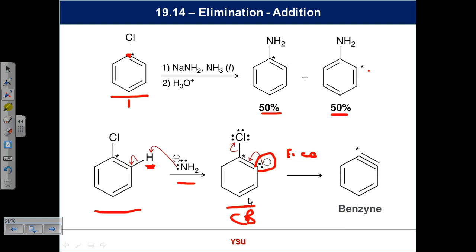Well, that then gives you this. And this is something that should disturb you. You should have nightmares about this thing, amongst other things. What's so odd about that? What's so strange about that? Strain. That looks like an alkyne in a six-membered ring. It is strained. Now, people have done calculations on these things, observed them experimentally.